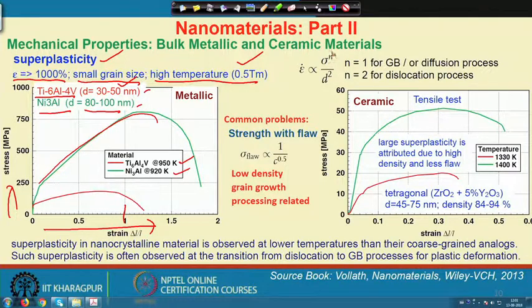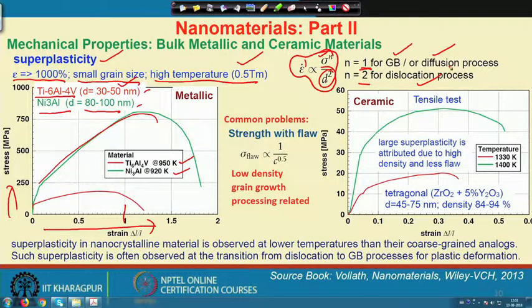Now, for getting such kind of superplasticity, people observe that the strain rate is inversely proportional to d squared, where sigma to the power n, n is equal to 1 for grain boundary or diffusion and 2 for a dislocation based process.